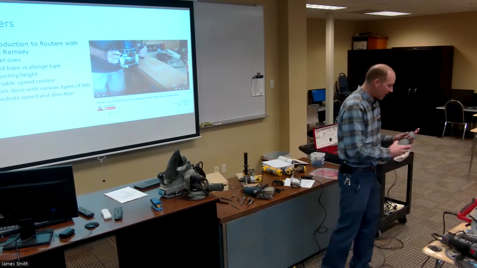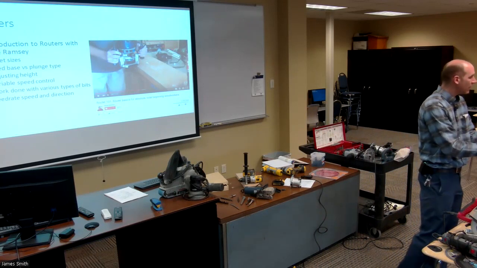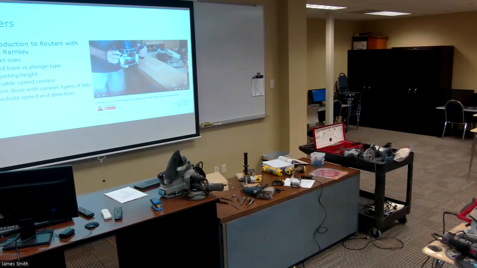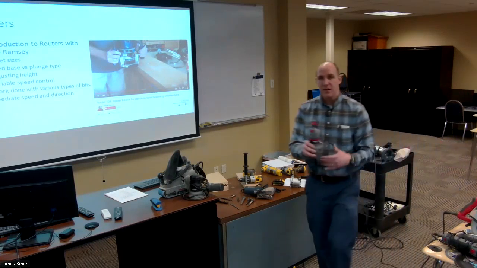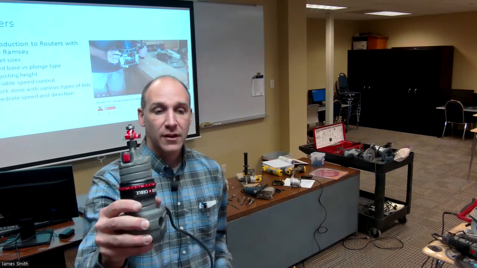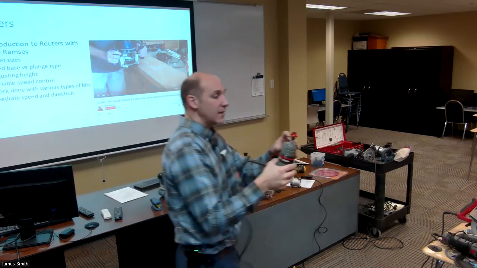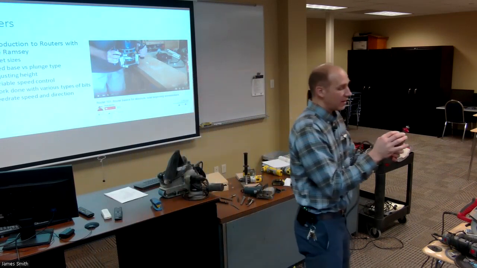Okay. The other thing too is look at the collet, look at the bit. You see how I've got that mounted in there? There's a little bit of space. That's really important because, and I'll show it to you guys as well, you can see that there's a little bit of unpainted shaft of that bit exposed.